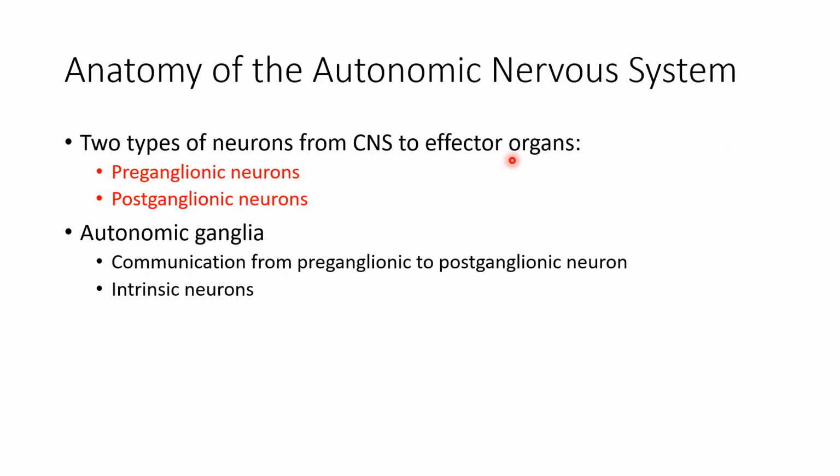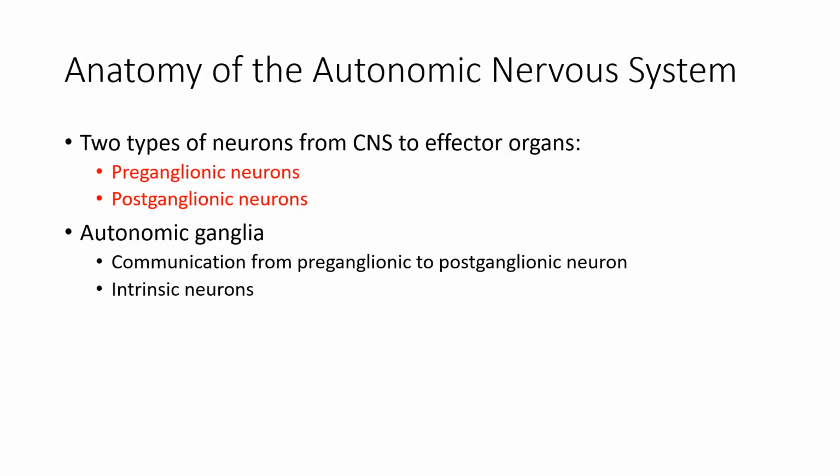Anytime there's a collection of soma or cell bodies that's not in brain or spinal cord, we call that a ganglia. In the autonomic nervous system, it's specifically known as an autonomic ganglia, and there's really no functional difference between this synapse and any other type of synapse. It's just that the location of the cell bodies is not where they normally are, which is in the brain and spinal cord, the central nervous system.